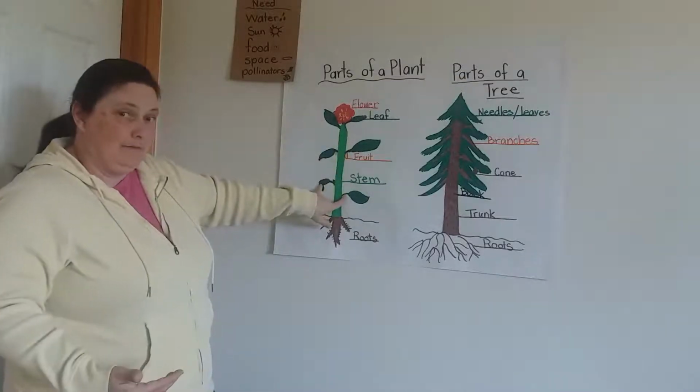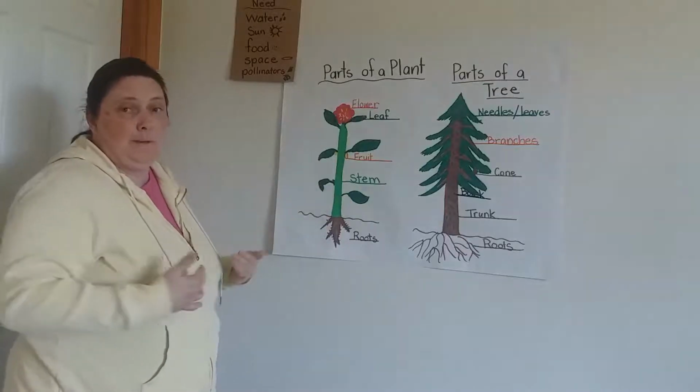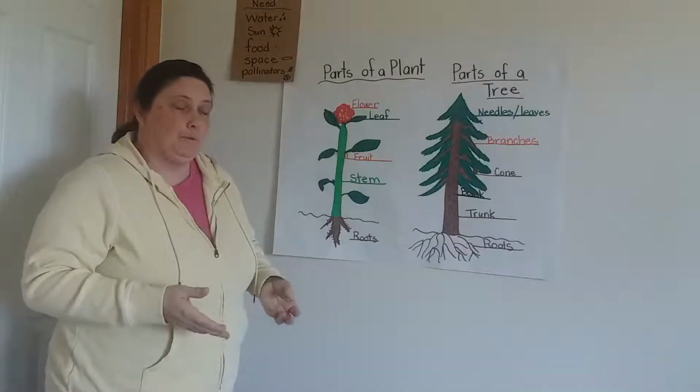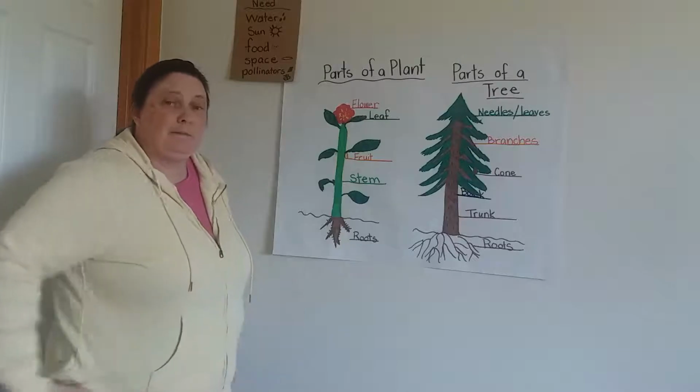And then the leaves will use carbon dioxide, like when humans breathe in and breathe out. When we breathe out, that breath is called carbon dioxide, and that's not something that we like to have.